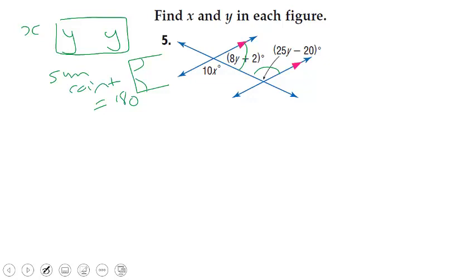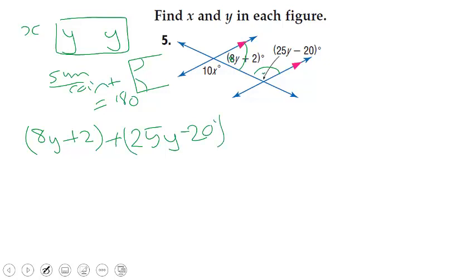So let's use that rule. We're going to say 8y plus 2 degrees, that's one side, that's this one, plus, because we're saying sum, 25y minus 20 degrees, which is this side, is equal to 180 degrees. Okay. Now I'm going to put my like terms together.